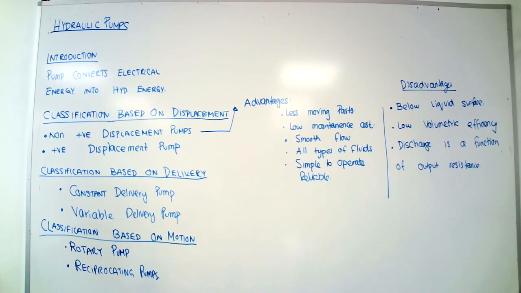The examples are rotary pumps and reciprocating pumps, the piston types. This is characterization based on the pumping element. Then we have the displacement characteristics: fixed displacement pumps and variable displacement pumps.